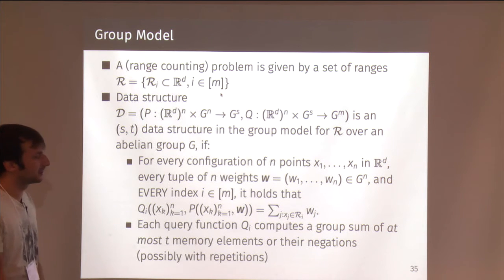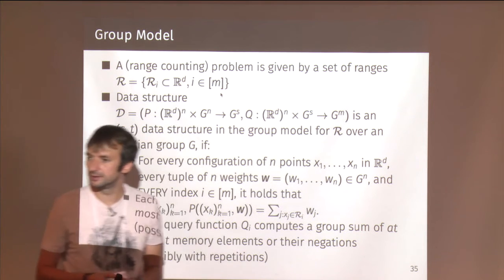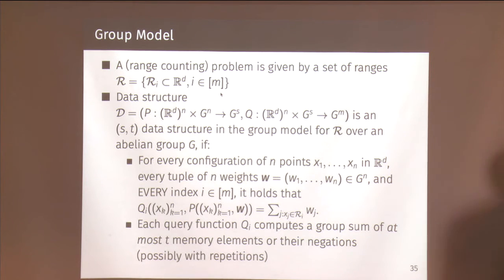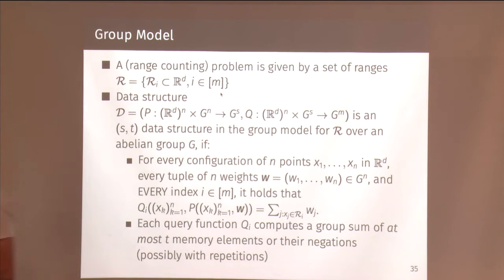So here, you show me T memory cells, and you're allowed to take a linear combination of the memory cells, say the sum of epsilon i times the i-th cell, where epsilon i is plus or minus 1, and the total number of such operations must be T. Right, more questions?